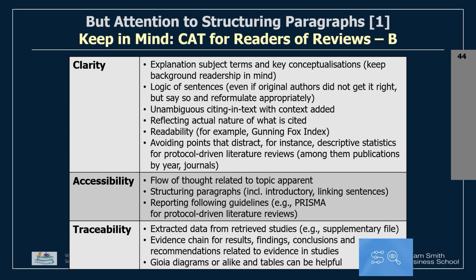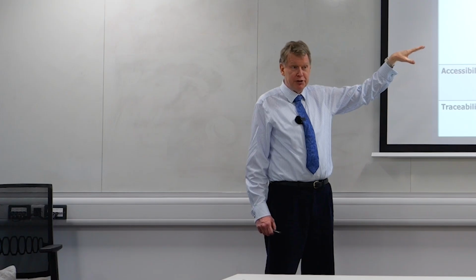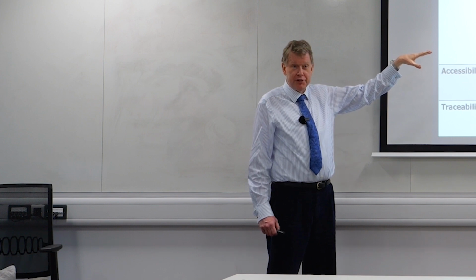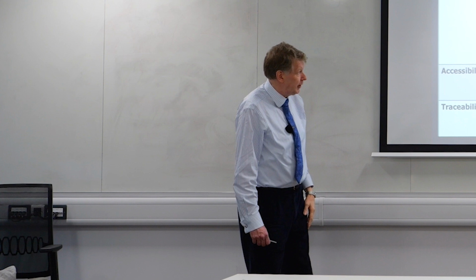So here is how you can apply that. This is a checklist for some of the points. Explanation of subject terms, logic of sentences, unambiguous citing. Unambiguous citing means that I have a sentence and I don't know exactly how that is related to the citation in the text. So there's a reference mentioned, but I don't know what is what in the text from this citation.